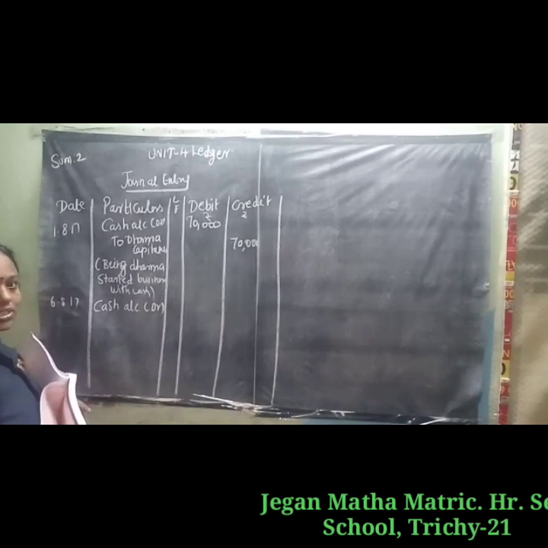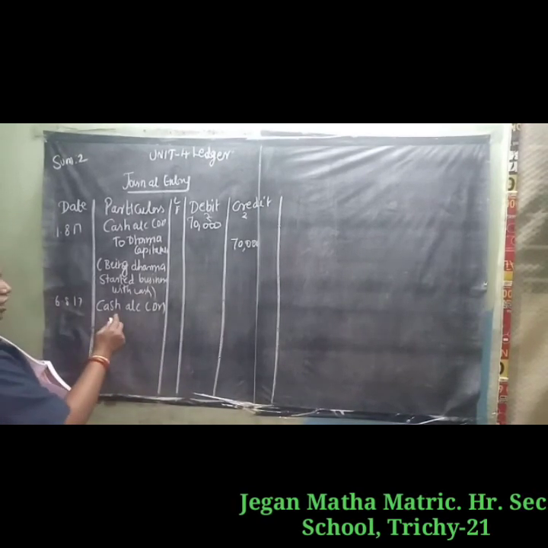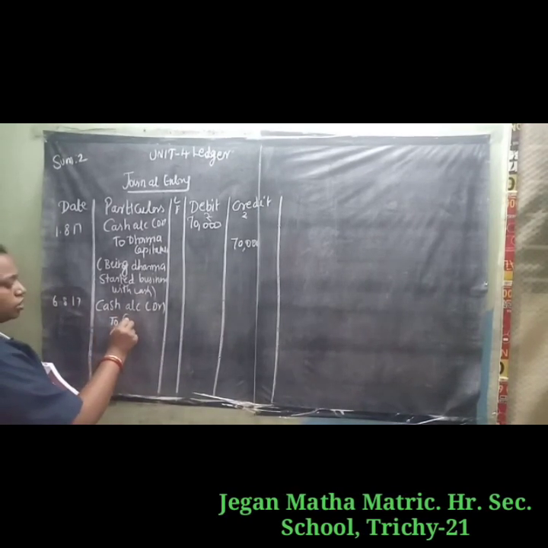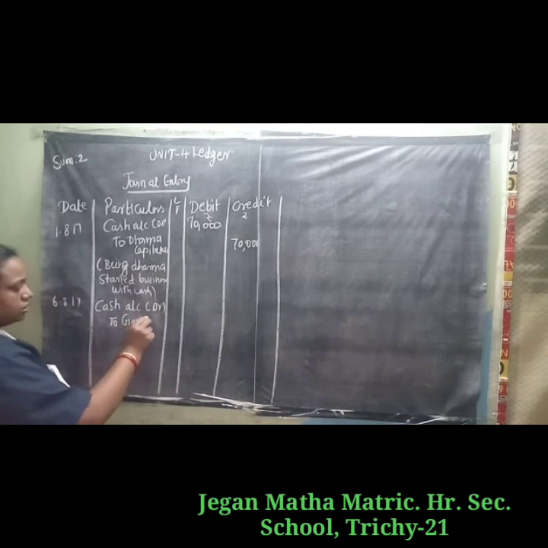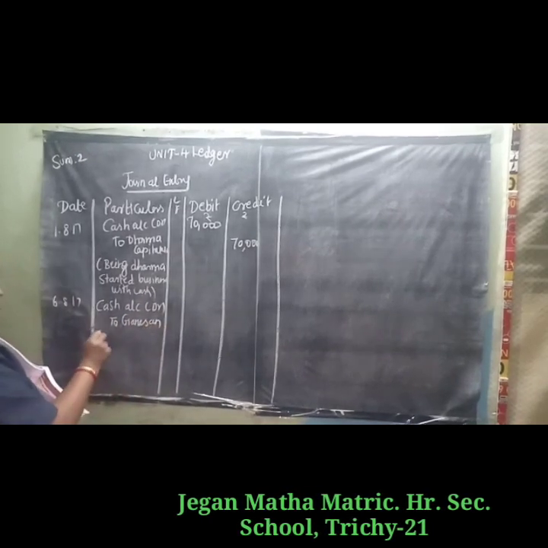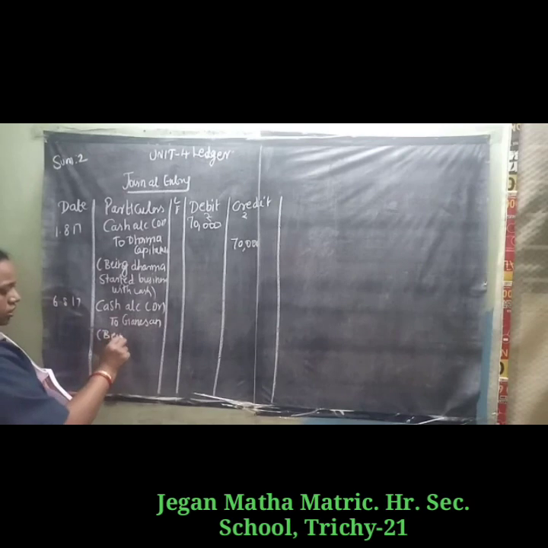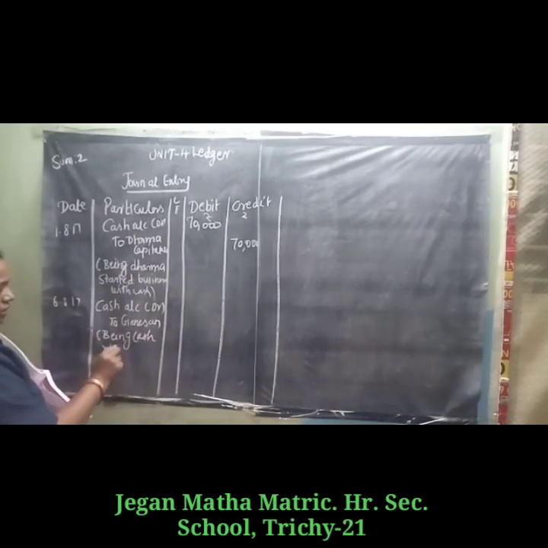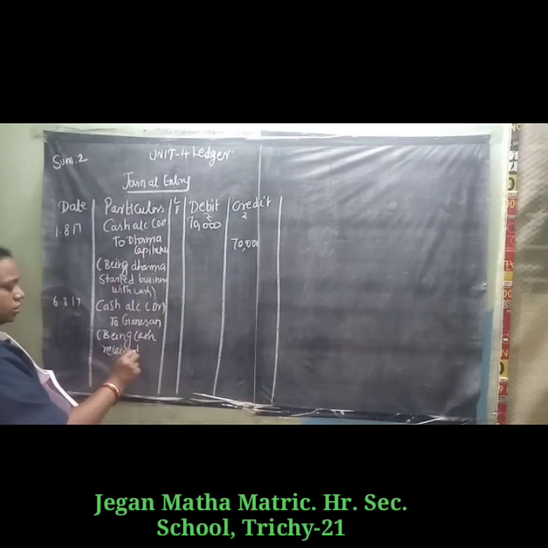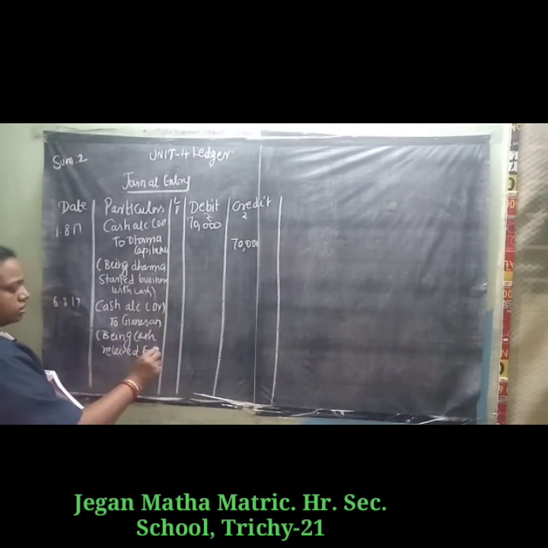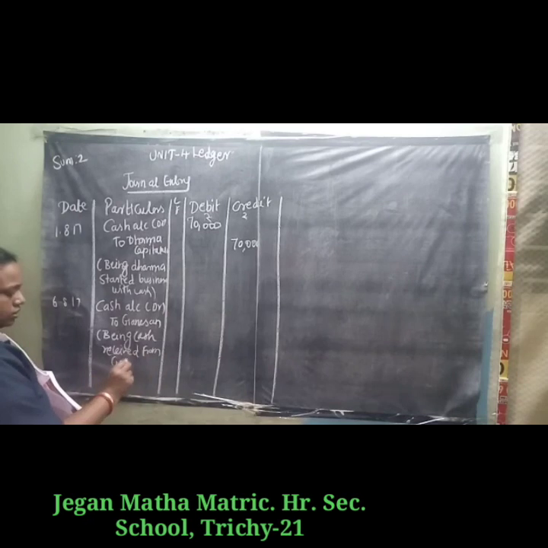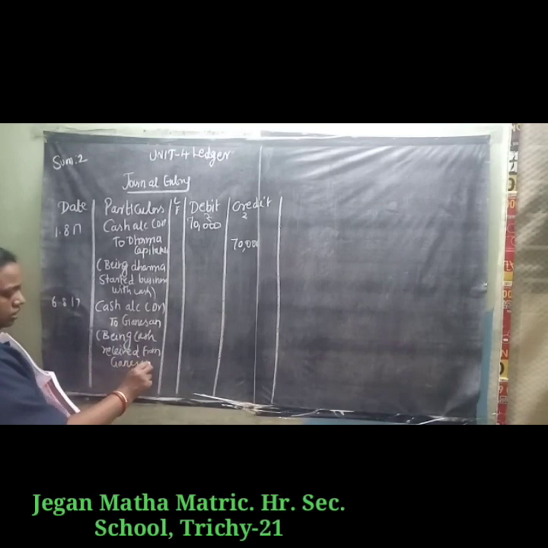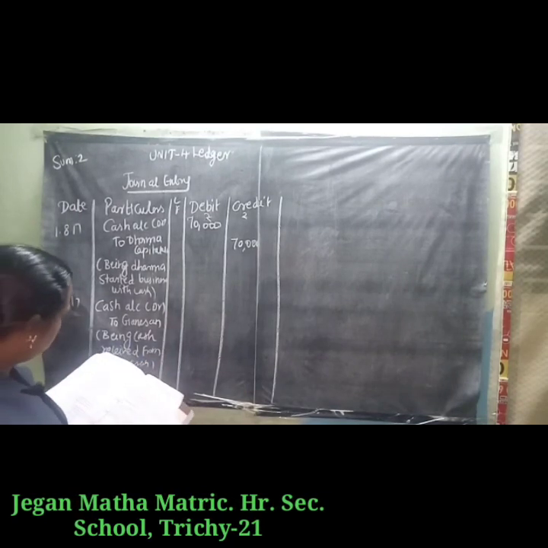Ganesan is the giver, so we write on the credit side to Ganesan. Being cash received from Ganesan. Amount 10,000.